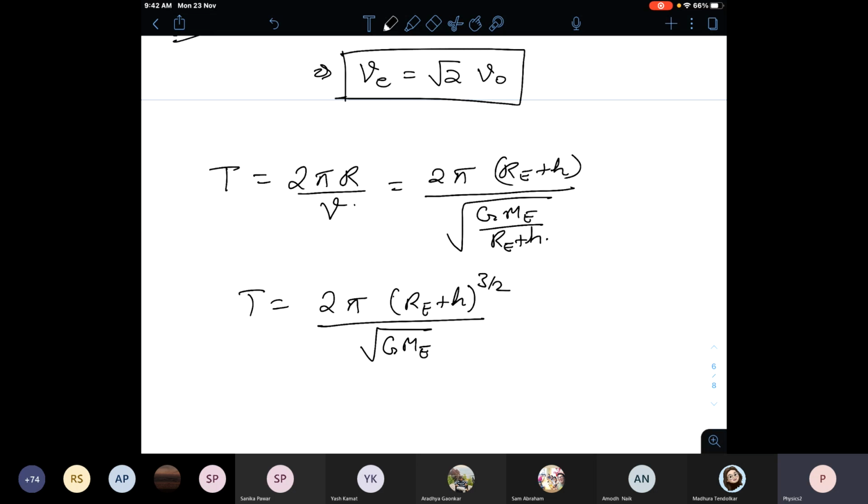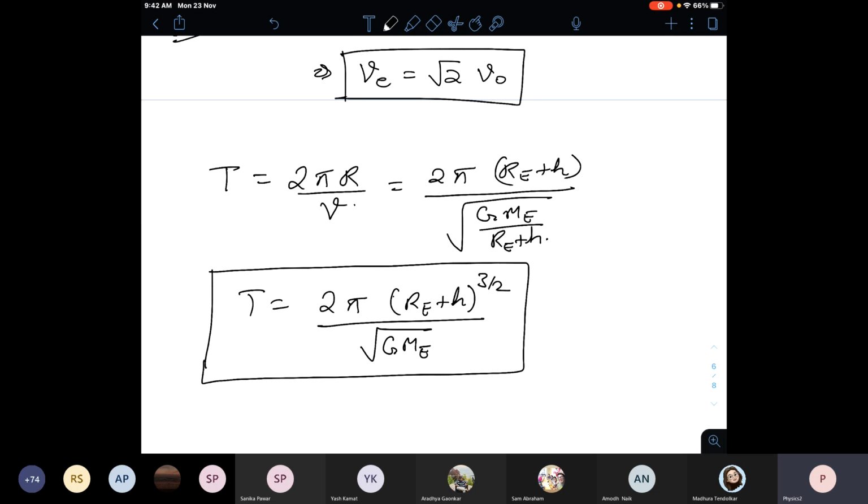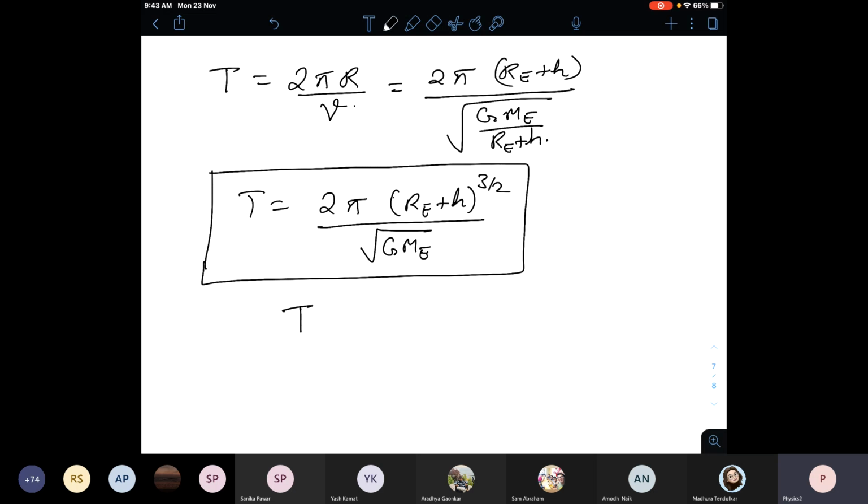This is the final result of the time period, though you don't have to remember this. Now what is important here is proportionality. 2 pi is constant, under root of G Me is constant.